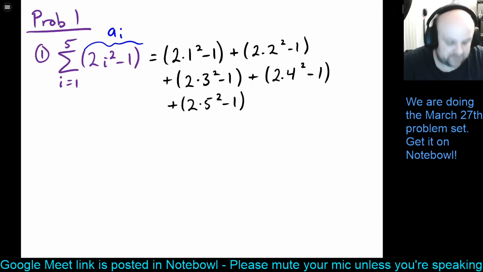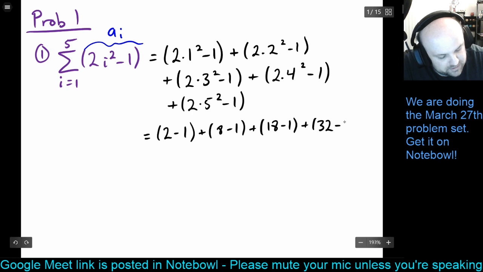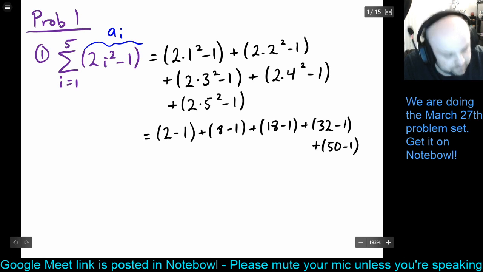All right, and then just figure out what all of these are. So this is 2 minus 1, plus 2 times 4 is 8 minus 1, this is 18 minus 1, this is 32 minus 1, and the last one is 50 minus 1.